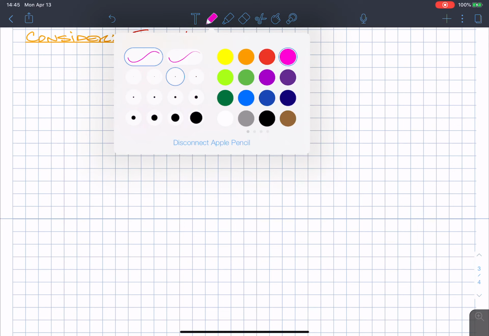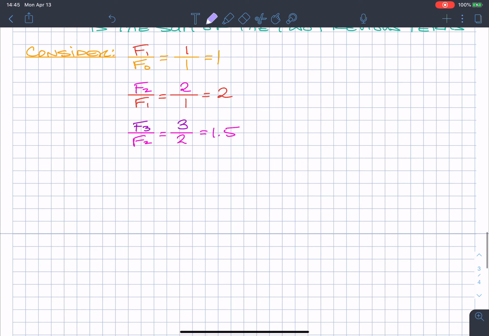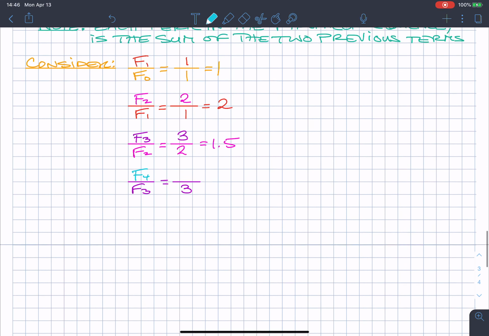Okay, now let's do f sub 4. What color did I have for f sub 4? I had blue. Okay, so f sub 4 was blue, and I'm going to divide that by f sub 3. So what do we get? No, f sub 3 is 3. F sub 4, however, turned out to be 5, right?